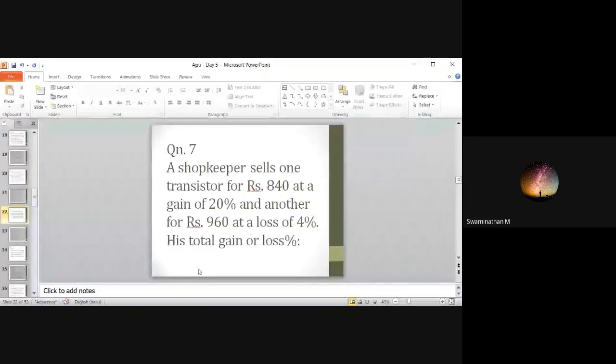You need cost price and selling price. So the selling price is given. 840 plus 960 is the total selling price. To find the cost price, you have to find the cost price for the first transistor individually. That is, 840 selling price is given, 20% gain is given. You have to find the cost price. For the next one, 960 rupees is the selling price.